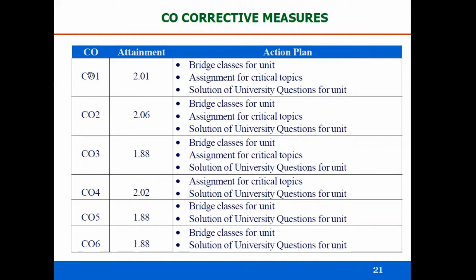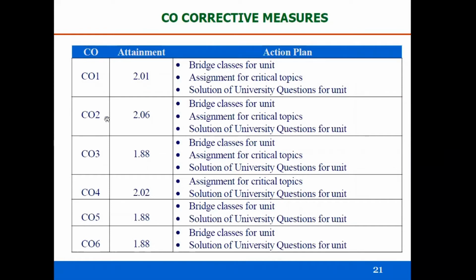Then for university question papers we provide solutions for questions mapped with CO1. Just some samples are taken. You may propose different actions too, depending on your institution's methodologies, like remedial classes, bridge classes, practice tests, whatever methodologies you are following.